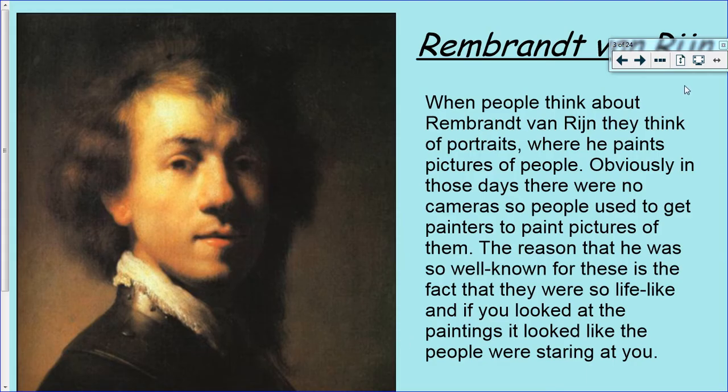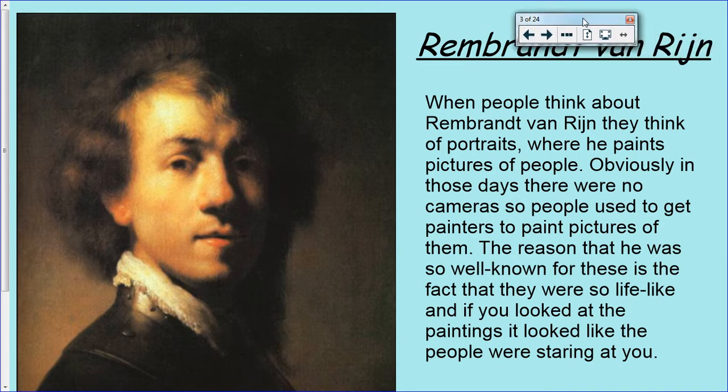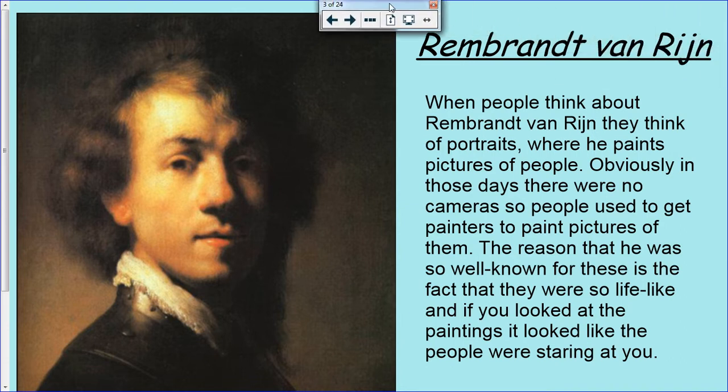Let's have a little bit of a recap from last week about who Rembrandt is. Rembrandt van Rijn. When people think about Rembrandt, they think of portraits, where he paints pictures of people. He was very well known for that, and also for painting pictures of himself, a self-portrait.